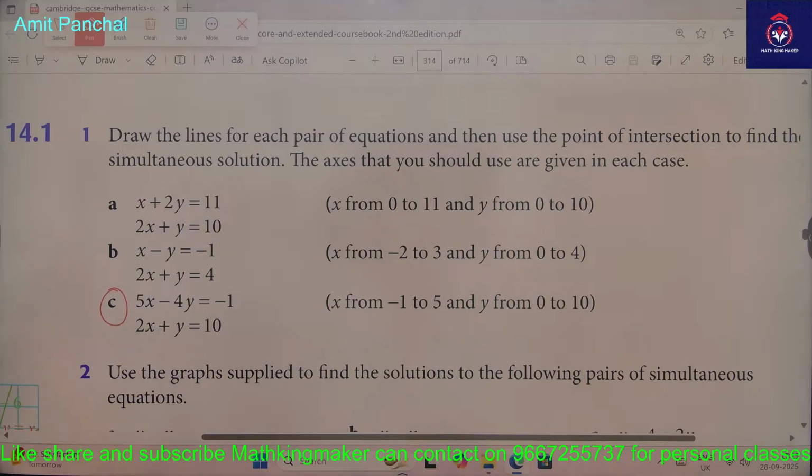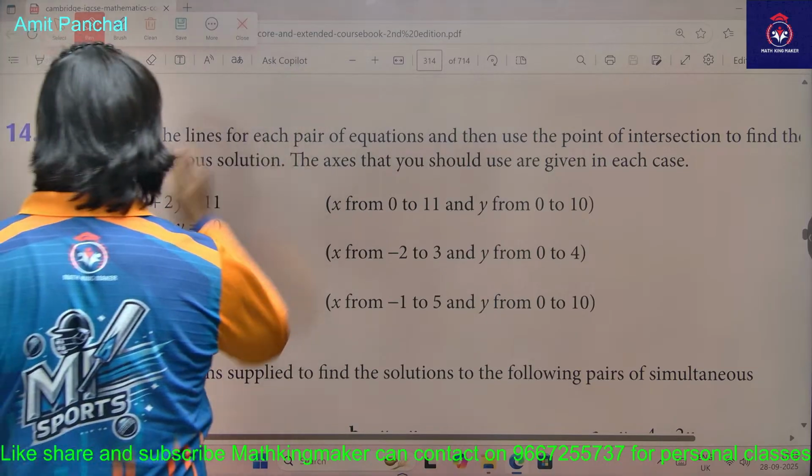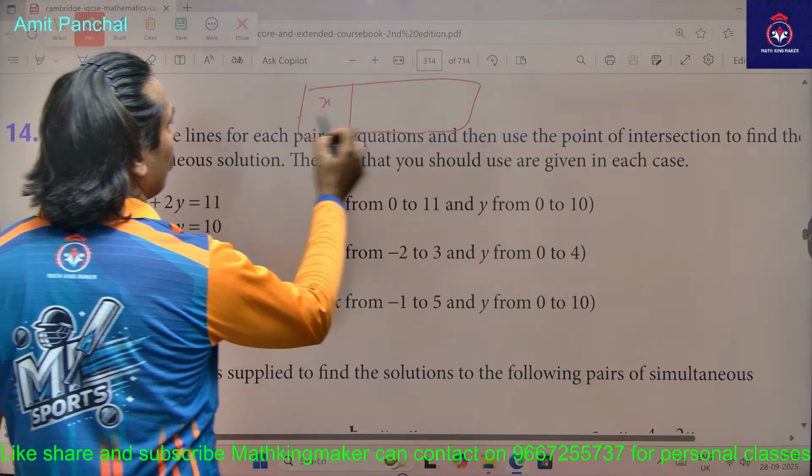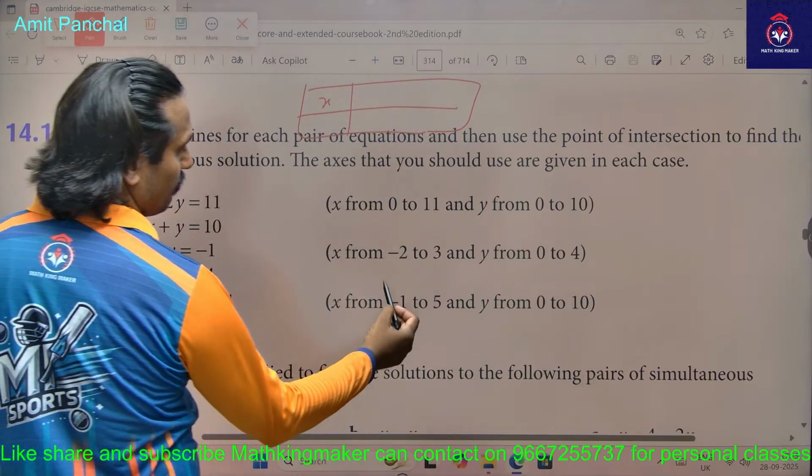They have said you need to take x from minus 1 to 5 and y from 0 to 10. So the value of x, you can take it from -1 to 5.